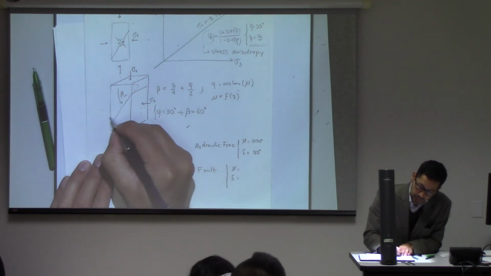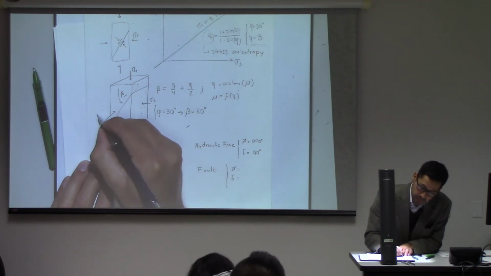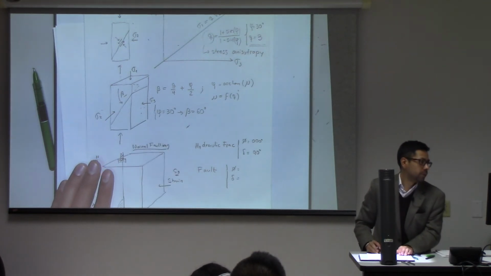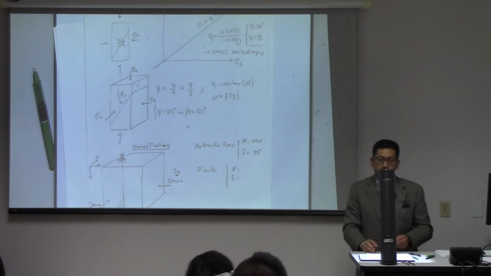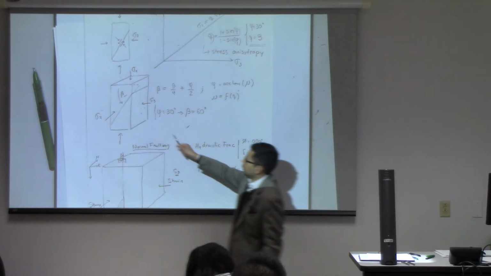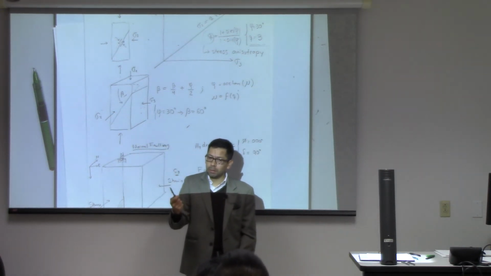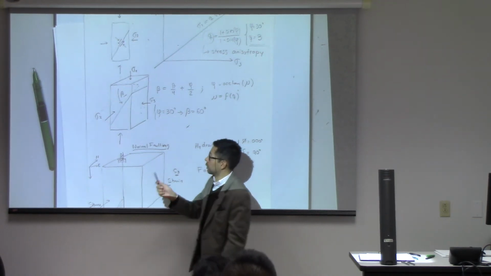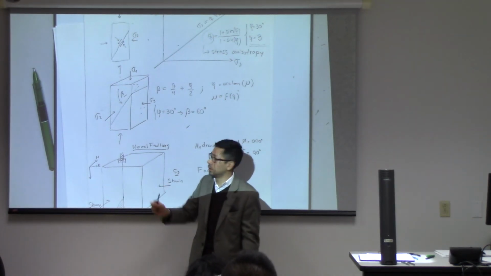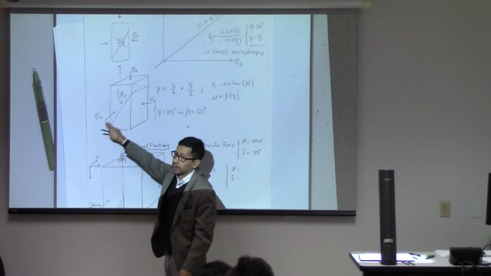And this one over here is going to be sigma 2. Notice that in the lab, your sigma 3 and sigma 2 were the same because you have a cylindrical sample. But in nature, in most cases, there is a difference between this one and that one.